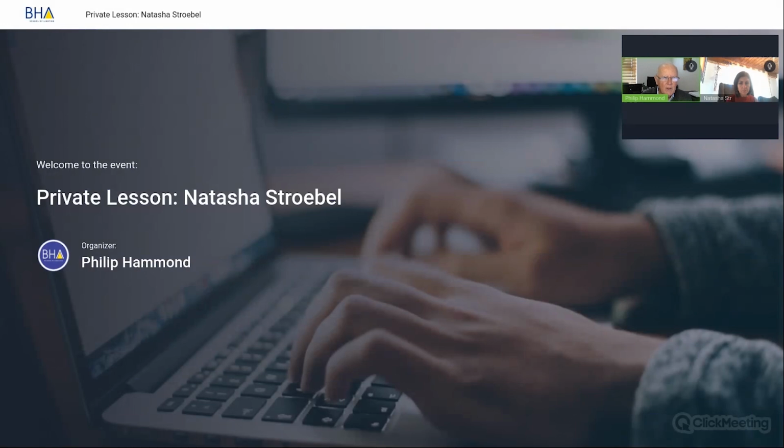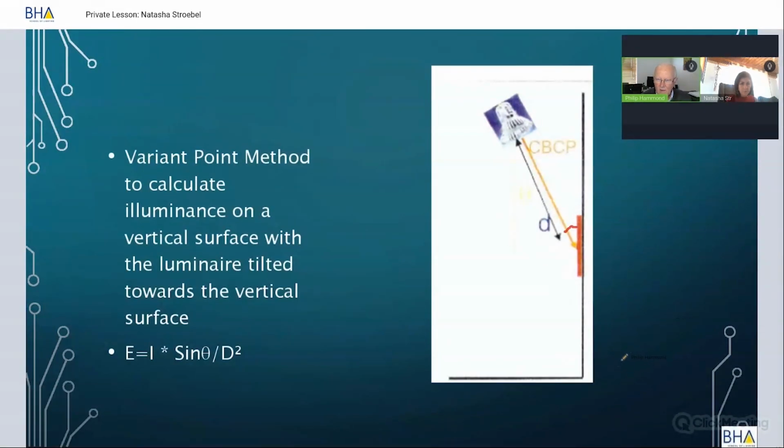So, armed with the convenience table, we're able to calculate these three versions. You've got the inverse square law, which you don't need the table for, but the inverse square law with the cosine or the sine. Sine is on a vertical surface that we want to calculate. For example, you want to light up a rack in a retail store for the promotions at the end of the month, you would calculate what the light's going to be there using E is equal to intensity multiplied by sine divided by distance squared.